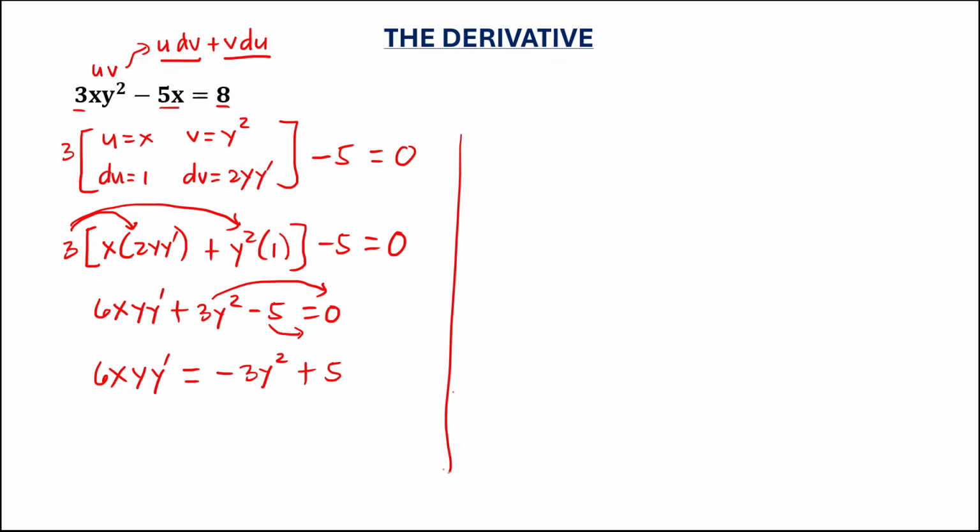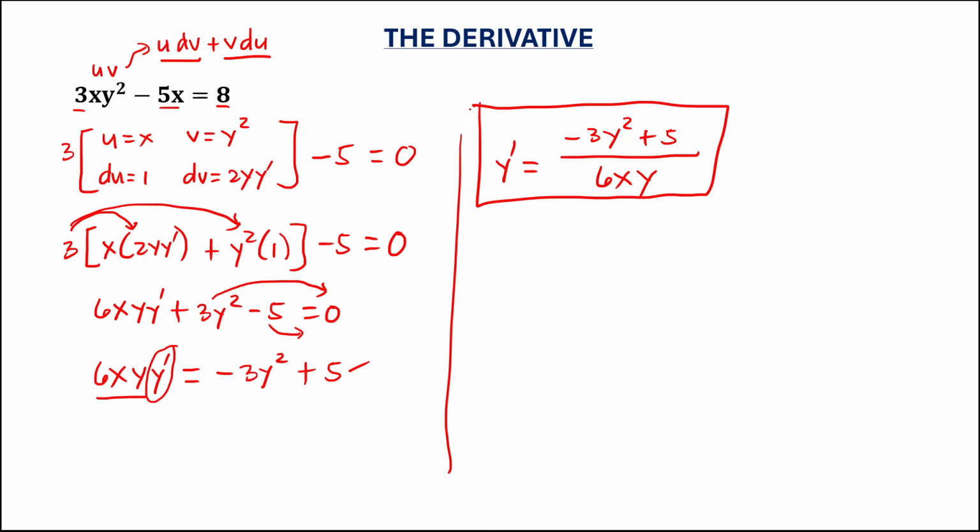Then to solve now for y prime, y prime equals, this becomes the numerator, negative 3y squared plus 5, then over, since we need to solve for y prime, the remaining becomes the denominator, 6xy. So this is now the derivative.